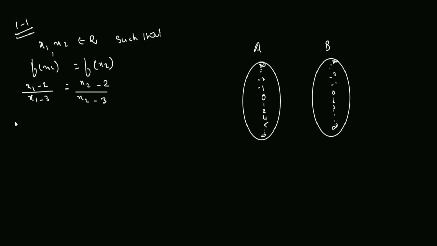Cross multiply. So (x1 minus 2) into (x2 minus 3) is (x2 minus 2) into (x1 minus 3).